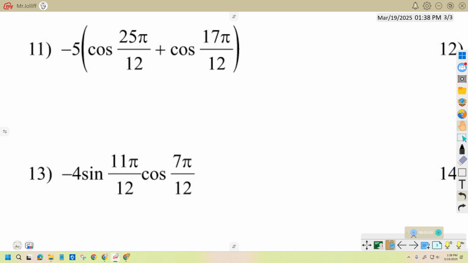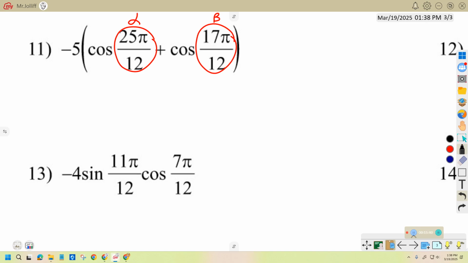So, two things. I identify the angles, my alpha and my beta. I identify which formula I'm using. So alpha always comes from the first trig function, so my alpha is 25 pi over 12. Beta comes from the second guy. Beta must be 17 pi over 12. And this is cos plus cos.